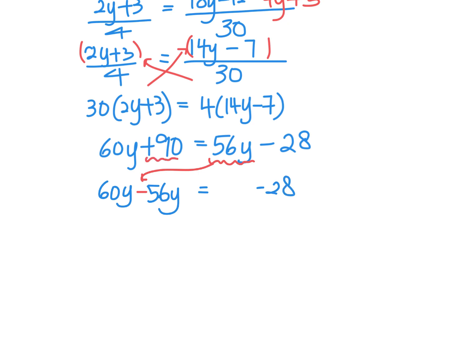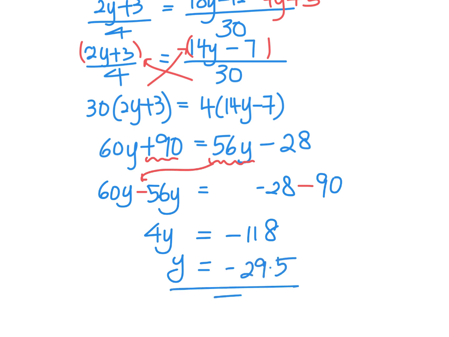I'm going to shift it over here, and that will end up being minus 90. That gives me 60 minus 56, 4, for y equals to negative 118. And y will be equals to negative 118 over 4, negative 29.5 as the answer.